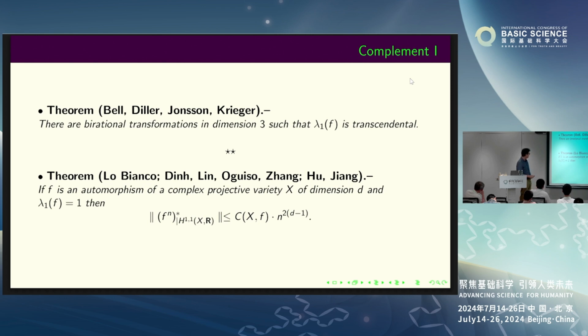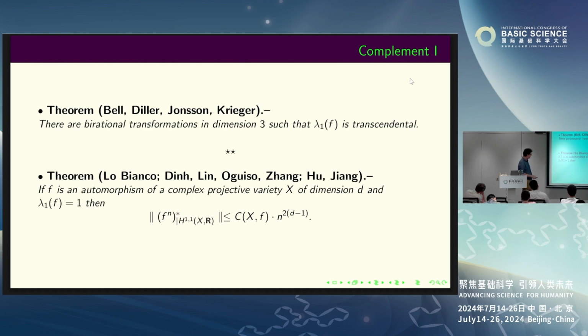But for regular automorphisms, there are explicit bounds. For instance, this is a theorem by Dinh, Lin, Oguiso, and Zhang. If you have an automorphism of a complex projective variety X of dimension D, and you assume lambda 1 is 1, so all eigenvalues you see on H^{1,1} have modulus 1, then in fact an iterate of the matrix is unipotent. So you have Jordan blocks, and you can ask what is the typical size of these Jordan blocks.